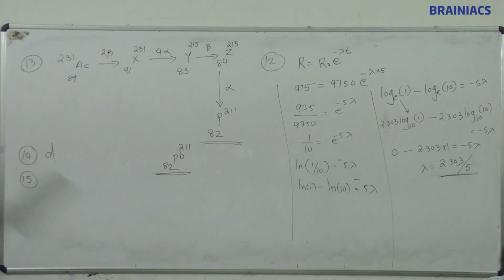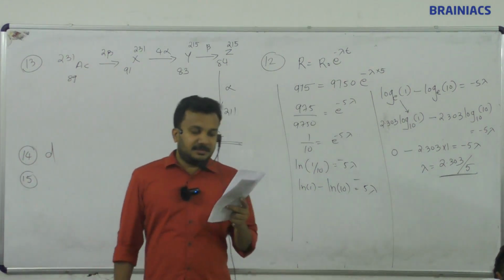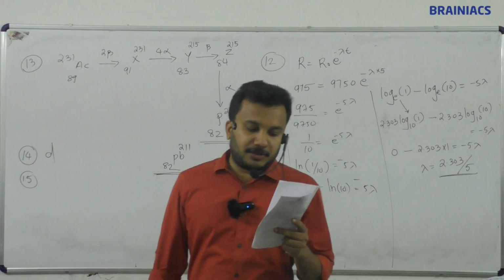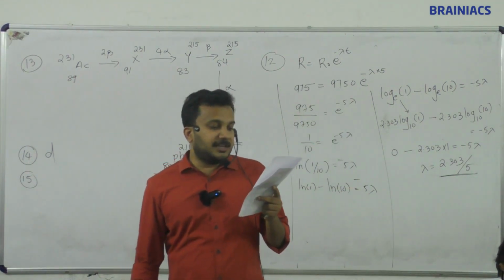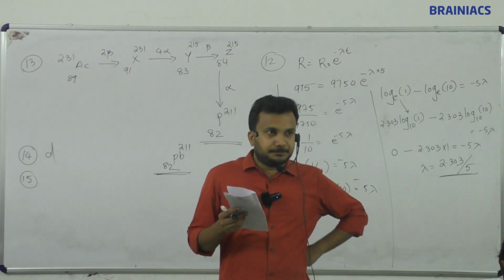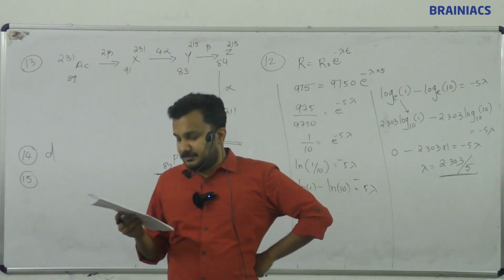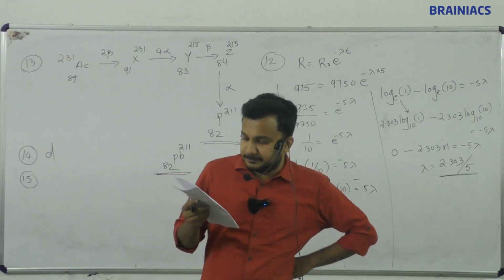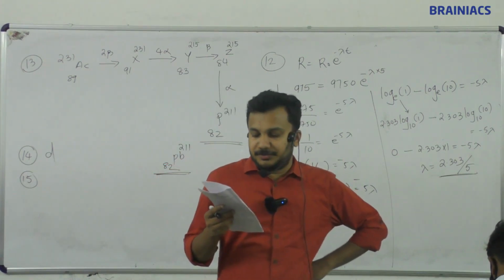15th. If M0 is the mass of an oxygen isotope, O 17 18, Mp and Mn are the masses of proton and neutron respectively, the nuclear binding energy of the isotope will be rest mass minus, which one will come? Rest mass means the mass of the oxygen isotope.